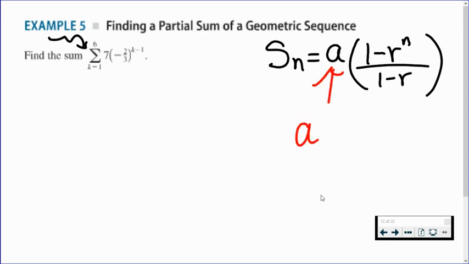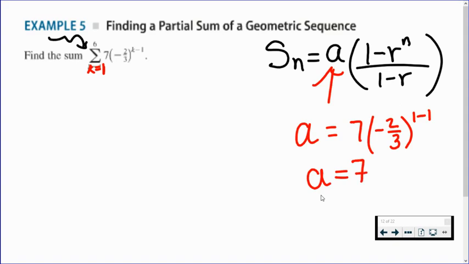To find the first item on the sequence, I'm going to plug in 1 into the problem, to find out that A is 7. I know that the ratio is 2/3. And now I'm going to set up the problem because I am adding the first 6 numbers on this sequence, and I'm going to plug that in.